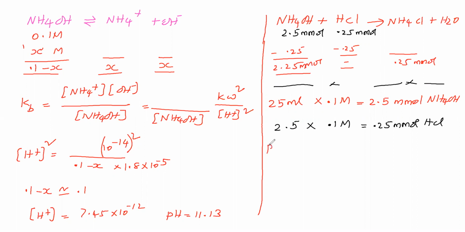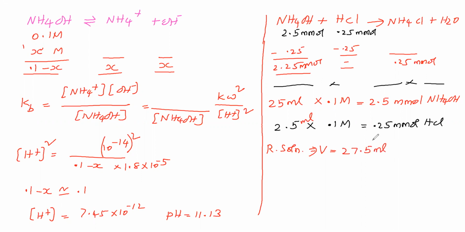Now we will take the resultant solution. What is the resultant solution volume? We have taken ammonium hydroxide 25 ml in the conical flask and 2.5 ml of HCl we have added. Therefore, totally 27.5 ml is the volume of the resultant solution.